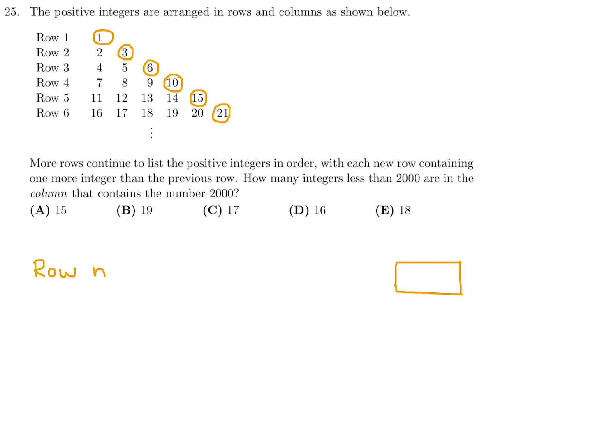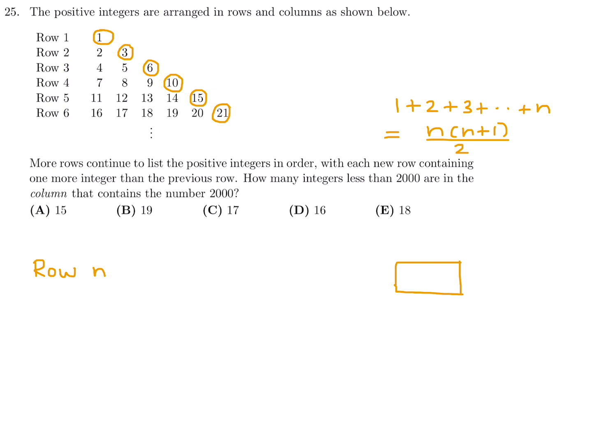So for example, it will be 1 plus 2 plus 3 all the way until n. And it's a grade 7 contest, so I'm not sure if you know this formula, but it's number 25. That's why it makes it difficult, I guess. It's the formula n times n plus 1 divided by 2. Anytime you have the sum of consecutive numbers from 1 to n, you can just use that formula.